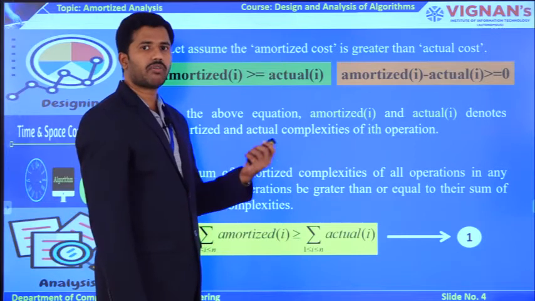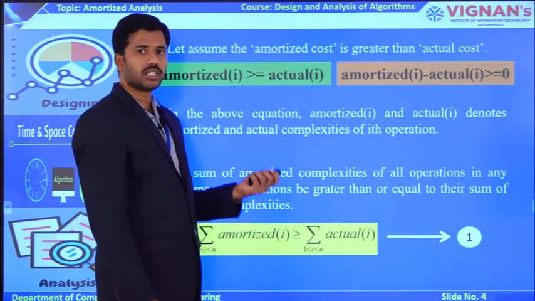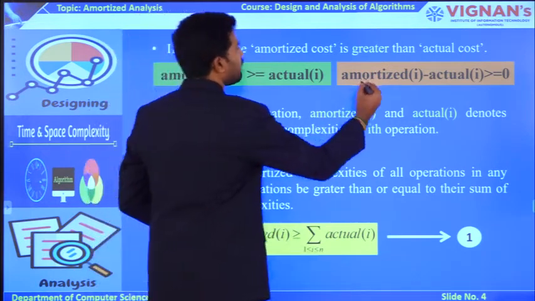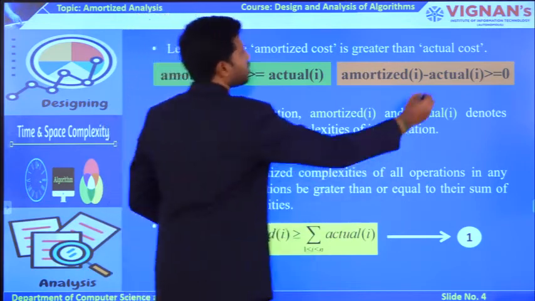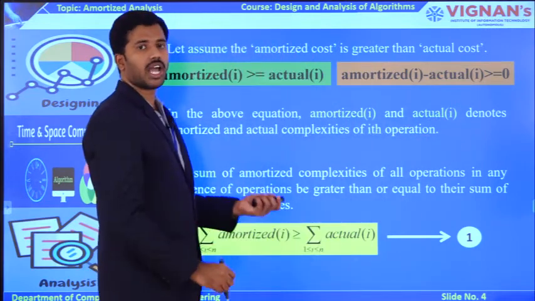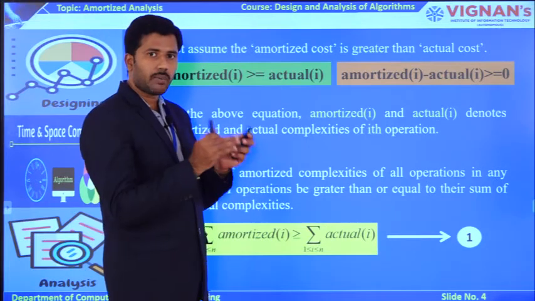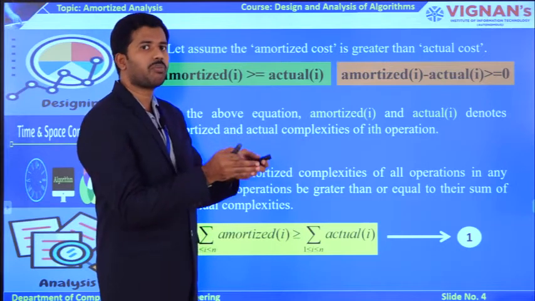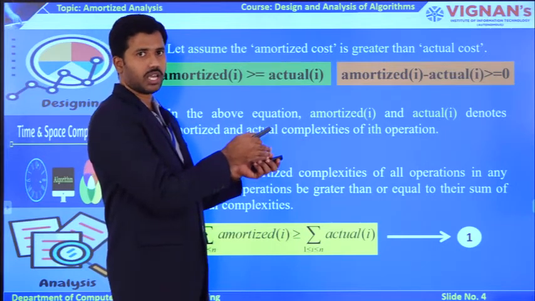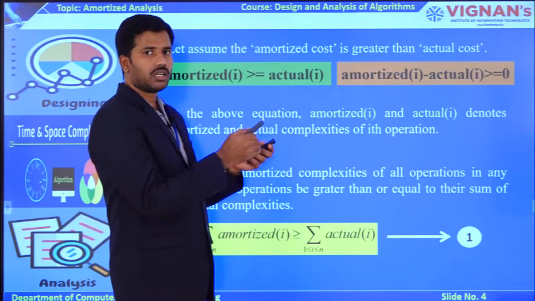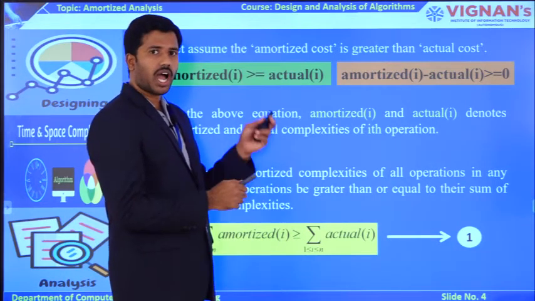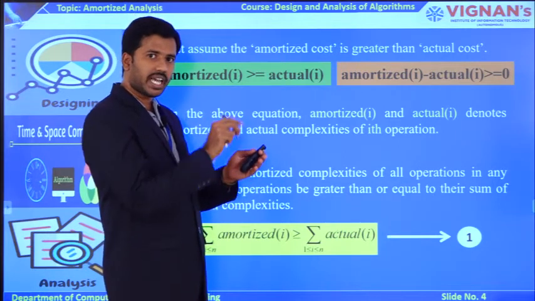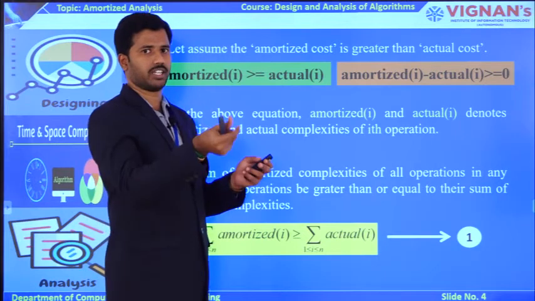First of all, why do you require a potential function? Based on that potential function only, you can find out the differences between amortized cost as well as actual cost, so that you can understand the dependencies between the current instruction cost and the previous instruction cost. In the previous discussion, we saw one example: I1, I2, D1. Because of that D1, my entire time complexity is affected.